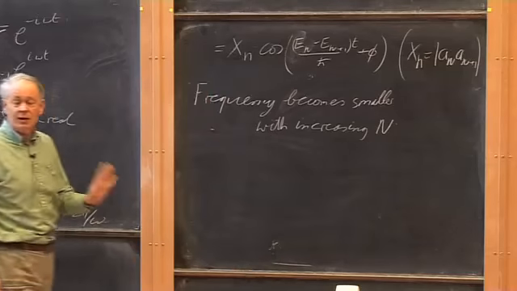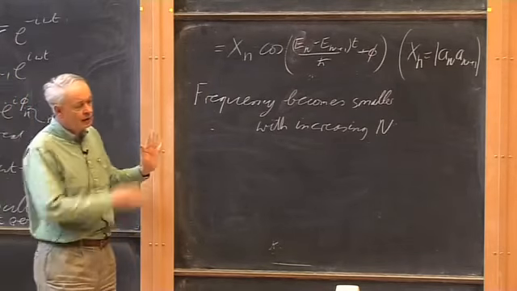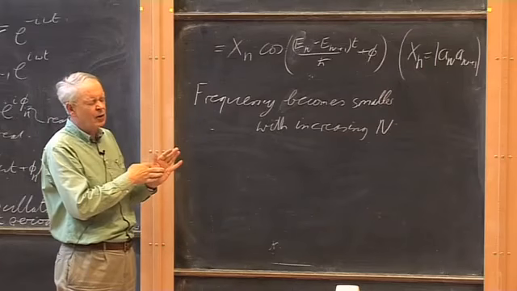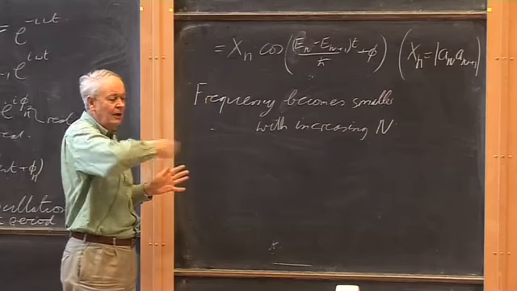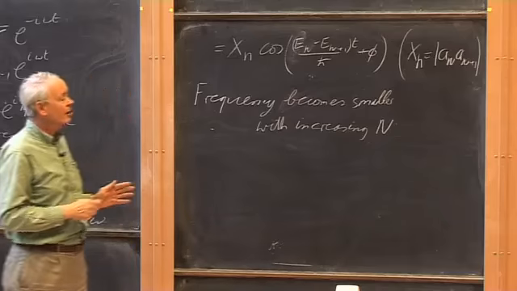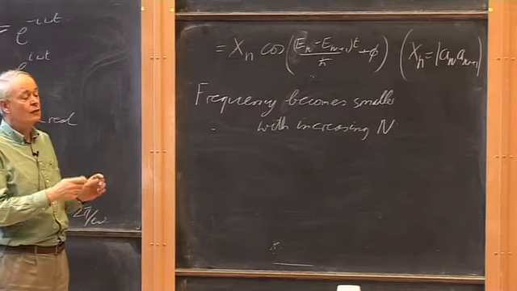So we're recovering a classical fact, which is that if you have an anharmonic oscillator of a typical type, and you kick it to bigger oscillations, its period will slow down. And that's true of an ordinary pendulum.